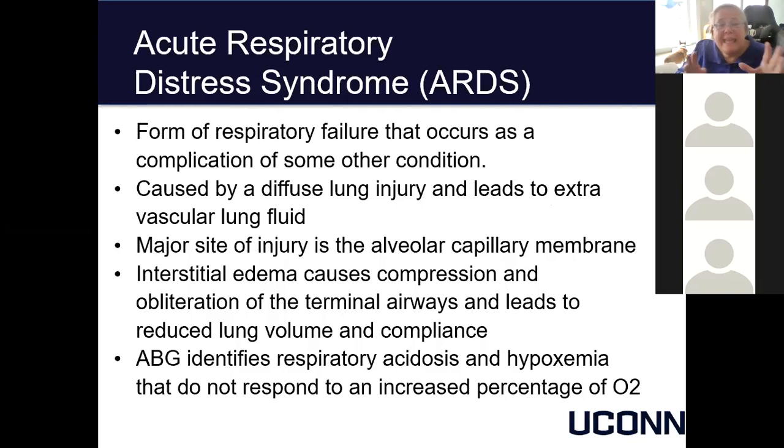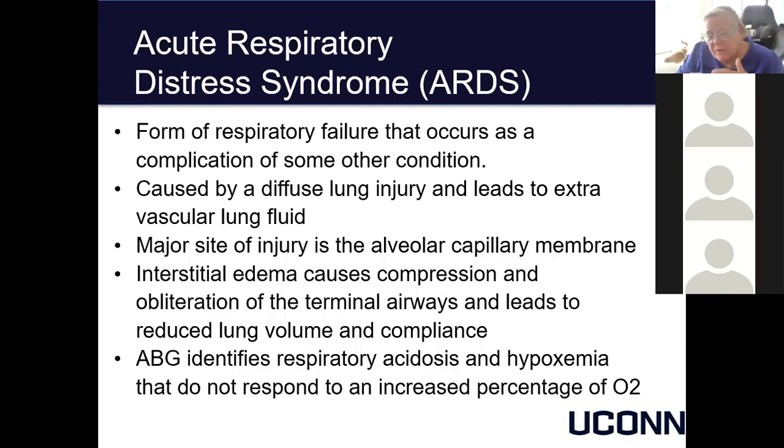So again, you have all this interstitial fluid. It's taking up valuable real estate for that transfer of gases. It's not as effective to try to move oxygen through the fluid, move the CO2 through the fluid.